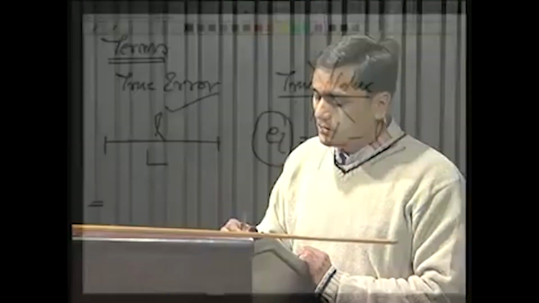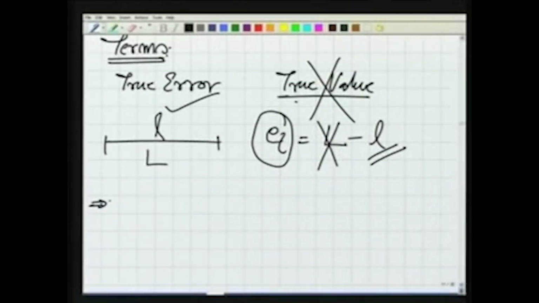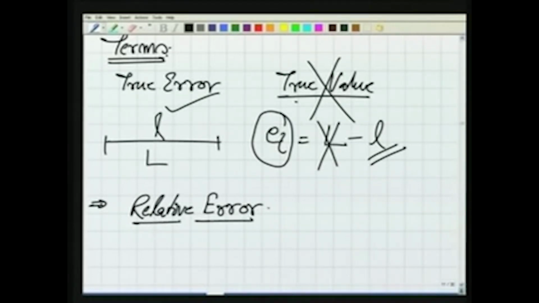Well, what we can find? I am going to give you another term that is called relative error. Well, in some cases, for example, here in the case of the scale, I know what kind of error is being introduced because of the least count.